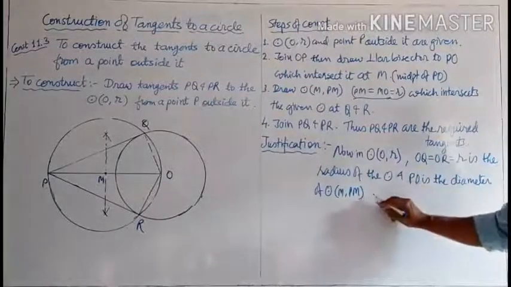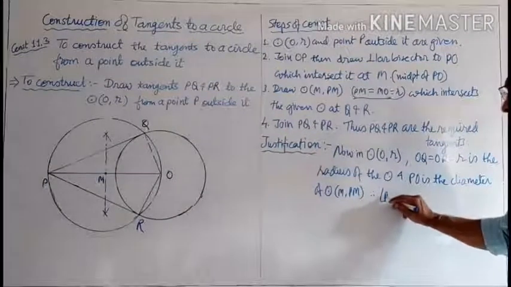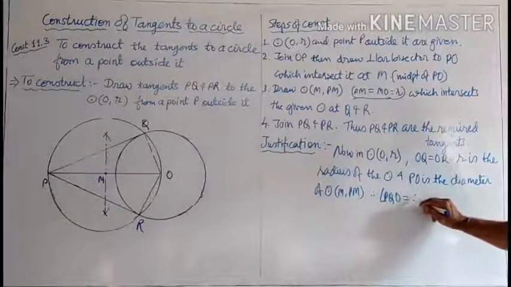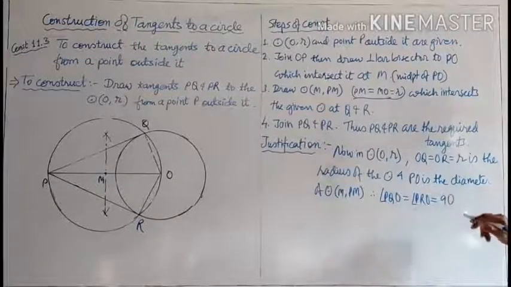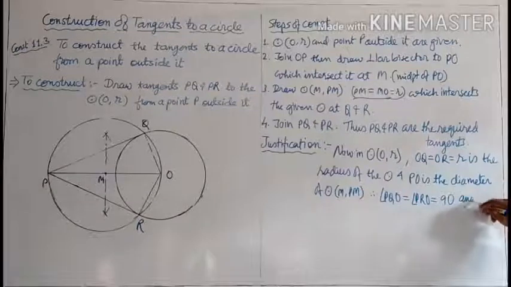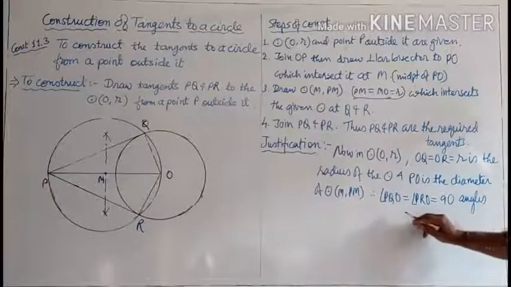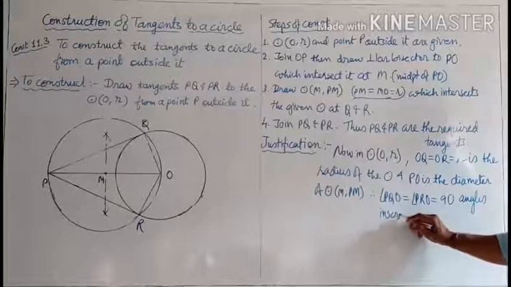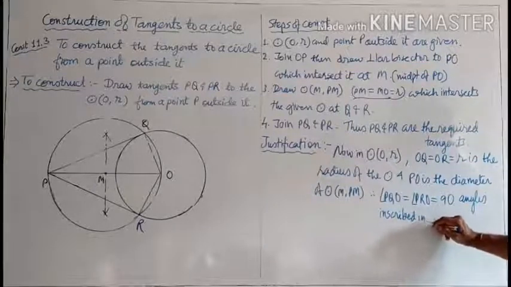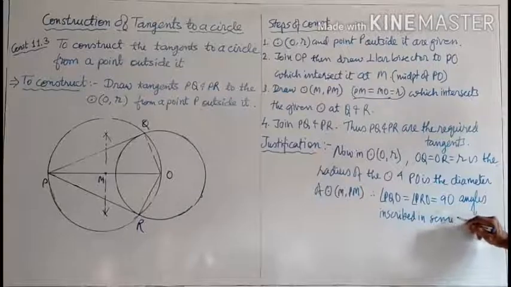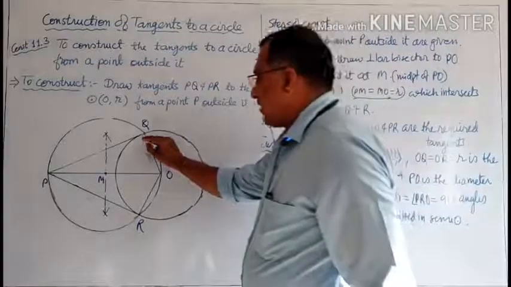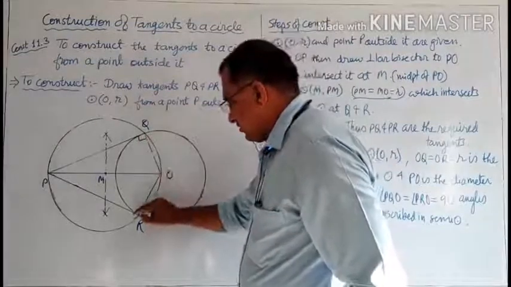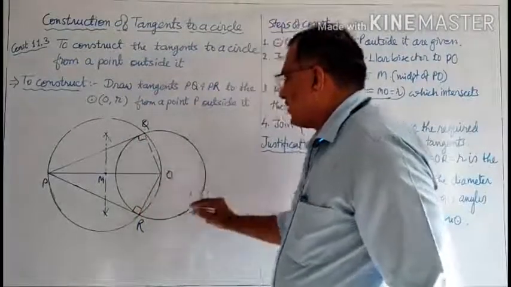As it is a diameter, therefore angle PQO is equal to angle PRO, and that is equal to 90 degrees. Angles inscribed in a semicircle are right angles. So here we get this right angle.